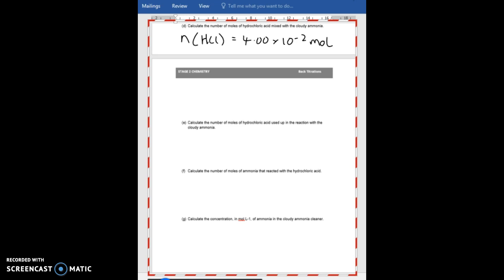So as per above, the number of moles of HCl used equals the number of moles of HCl initial minus the number of moles of excess HCl.